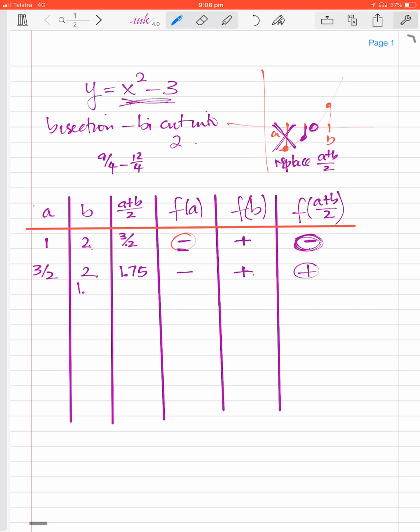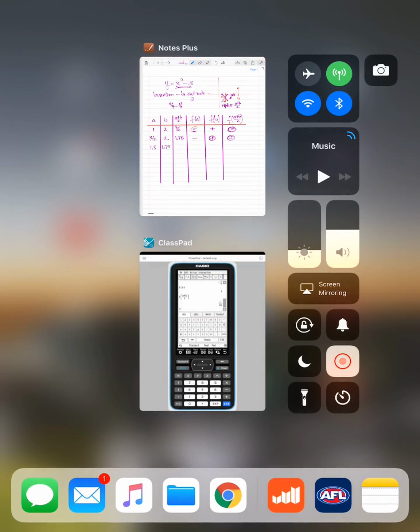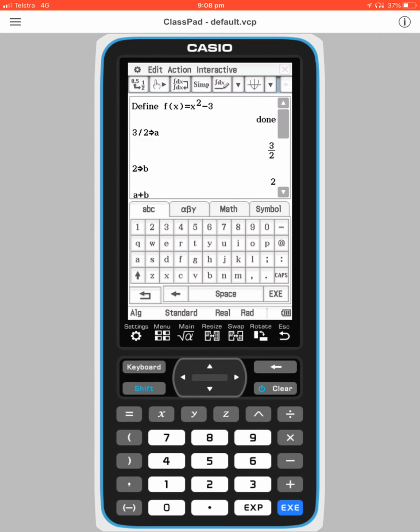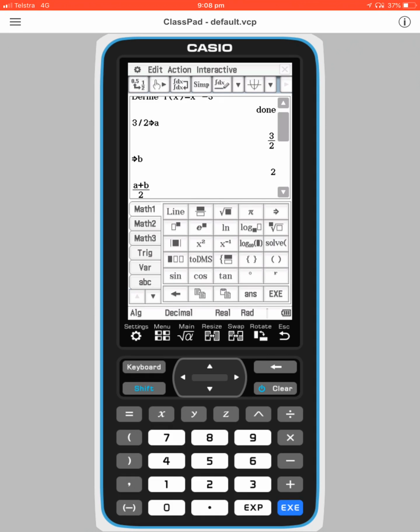So this time we've got to replace B with 1.75, because it was positive, we replace our B with our A plus B on 2. I'm going to change it to decimal because we're going to start using decimal soon anyway.